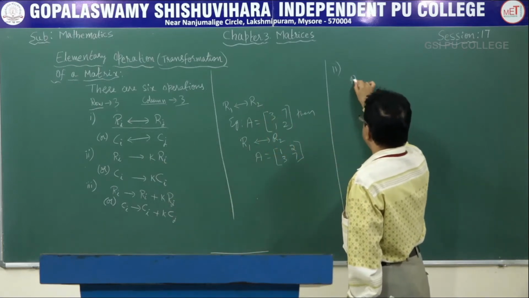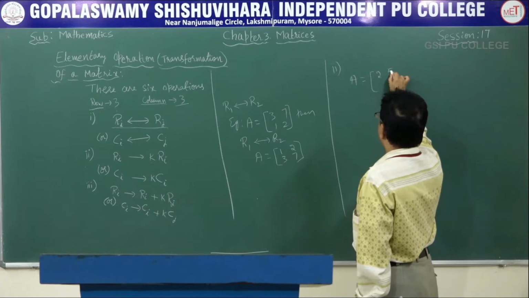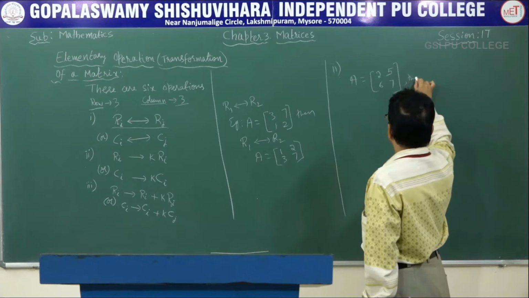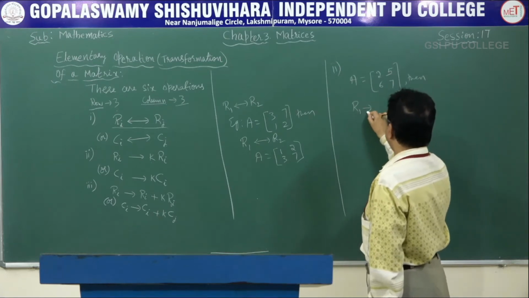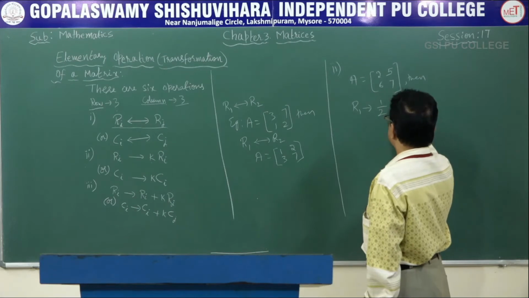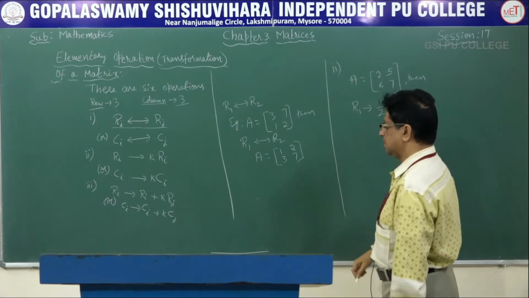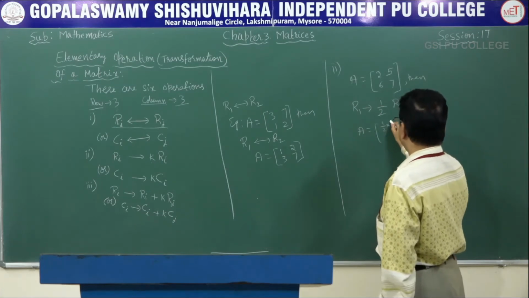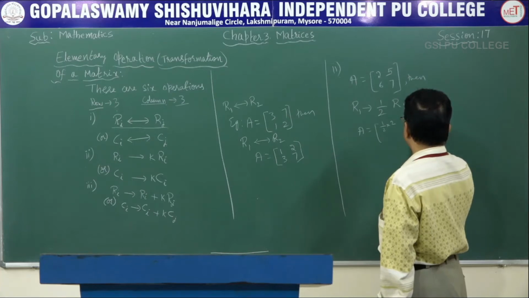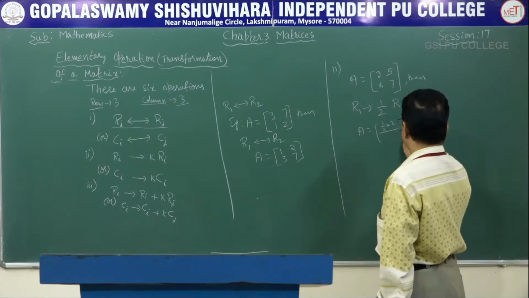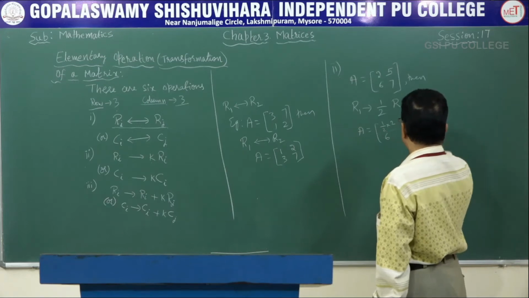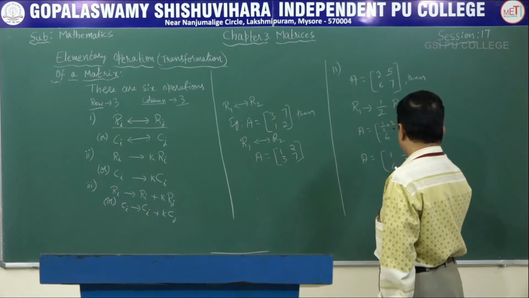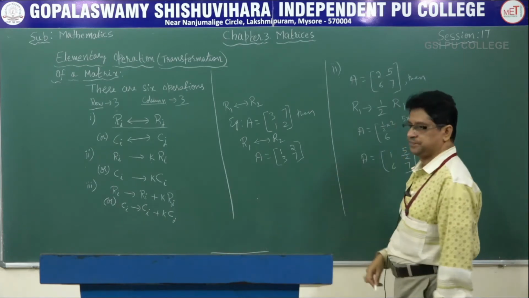For example, if A is equal to [2, 5; 6, 7], then R1 becomes half times R1. That means A will be half into 2, 5 into, 6, 7. That is A is equal to [1, 5/2; 6, 7].